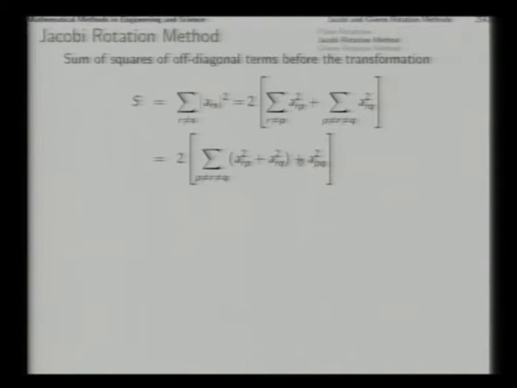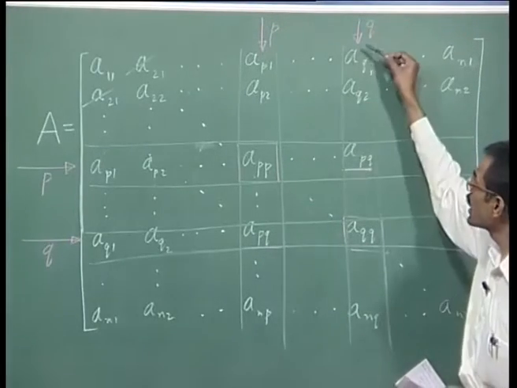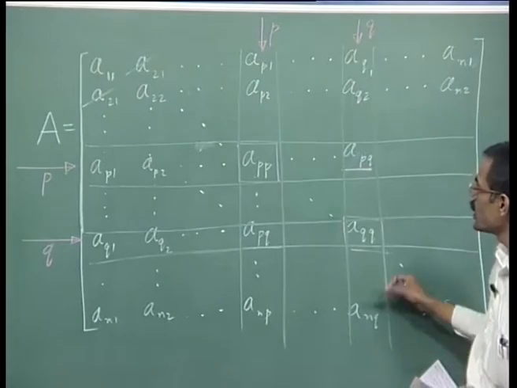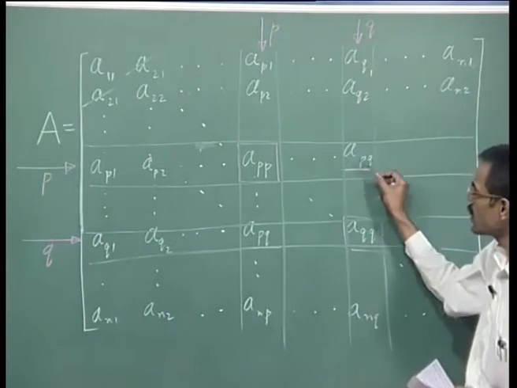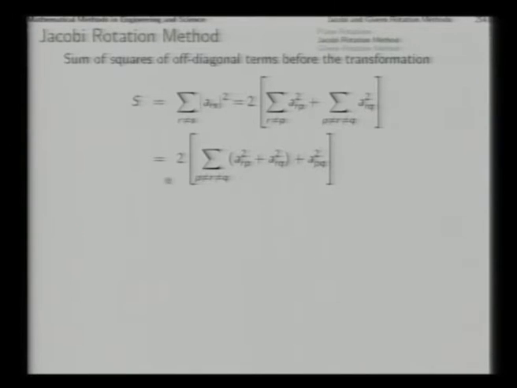This means that sum up all those entries from here to here and below, and here to here and below, except these two corner points, and these we identify separately. So, this is the complete sum of the off diagonal terms before the transformation. We have kept only the Pth and Qth entries here, because others anyway do not undergo any change.